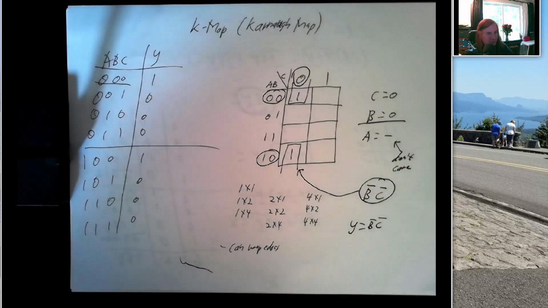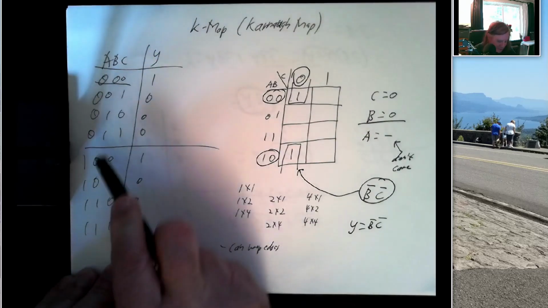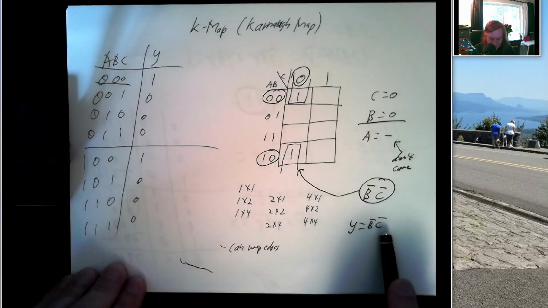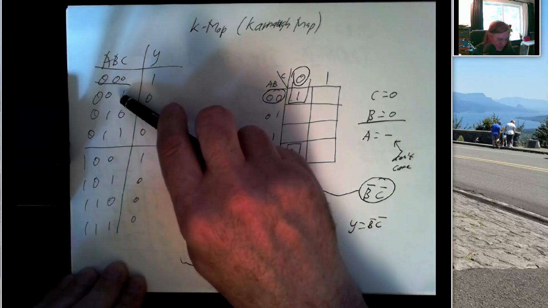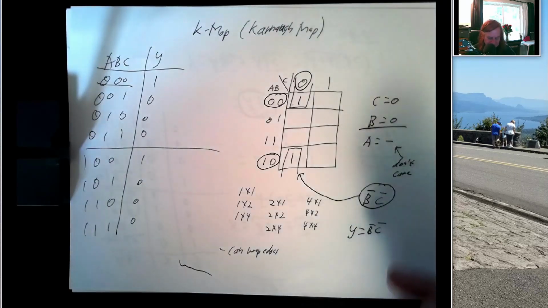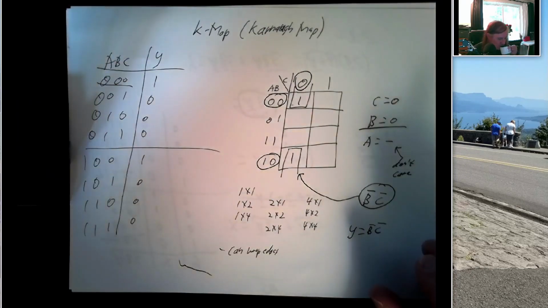And we can double check that with our original truth table. If B and C are both 0, we're either in this first row, y is a 1, or this fifth row, y is a 1. And if B and C are not both 0, we're in one of these other rows, and in all of those, y is a 0. So this is a good minimized equation for this truth table.